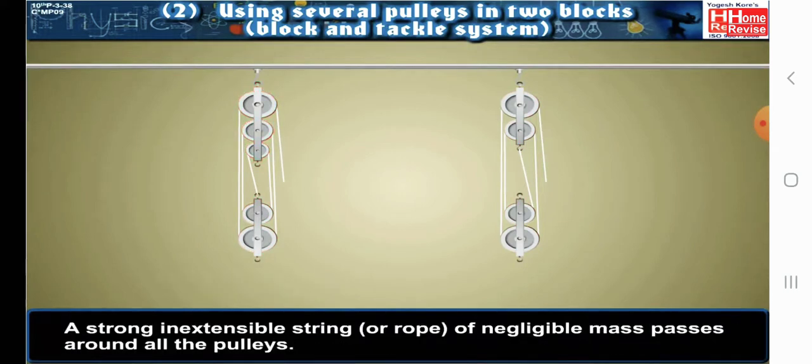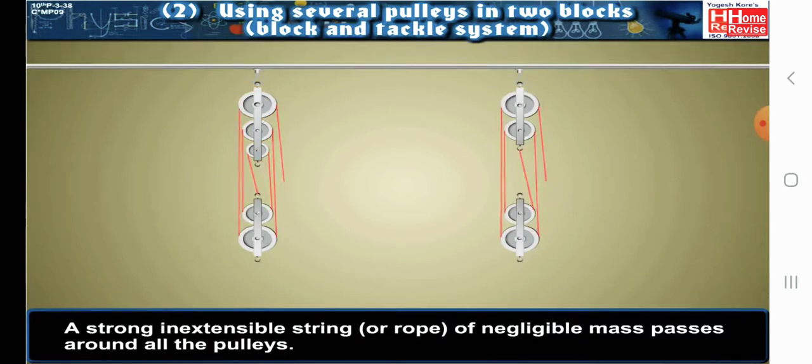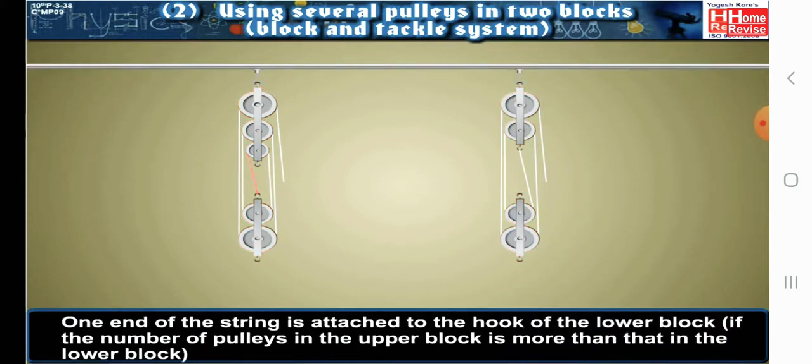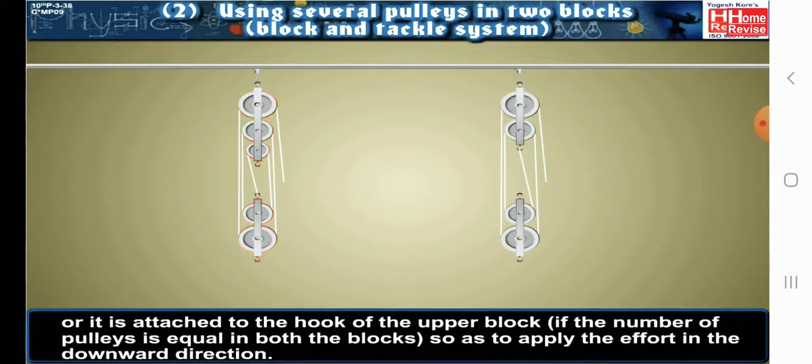A strong inextensible string or rope of negligible mass passes around all the pulleys. One end of the string is attached to the hook of the lower block if the number of pulleys in the upper block is more than that in the lower block, or it is attached to the hook of the upper block if the number of pulleys is equal in both the blocks, so as to apply the effort in the downward direction.